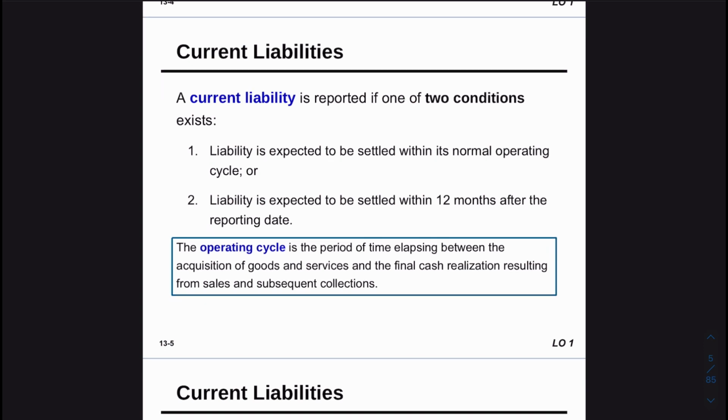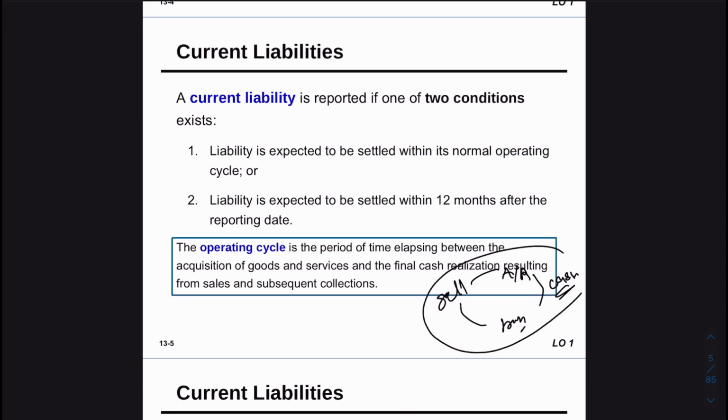For example, a retailer like Walmart purchases inventory, puts it on a shelf, and markets that inventory to customers. The customers buy it, and then they will have an account receivable, and then they will collect cash from their customers. This is called an operating cycle, which is the period of time elapsing between the acquisition of goods and services and the final cash realization resulting from sales and subsequent collection.